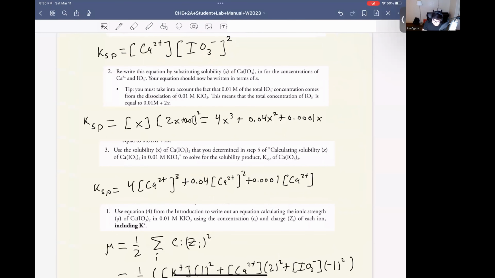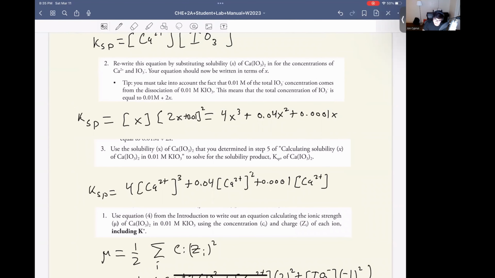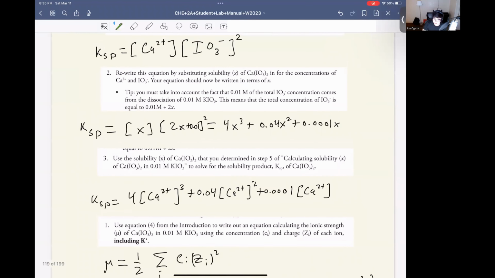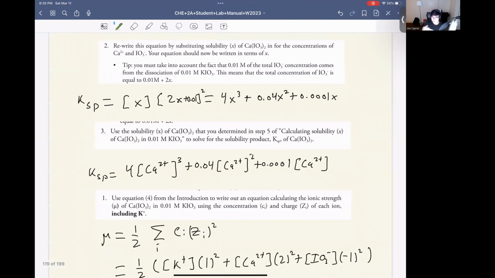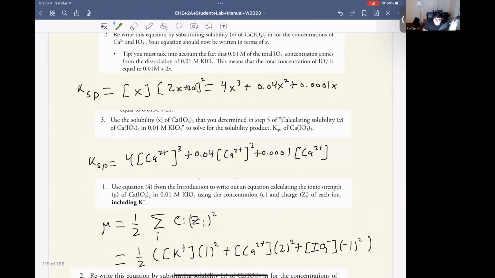So this here, this X, right? These are all just your calcium values. And so just to note, this is 2X plus 0.01. The 0.01 comes from the potassium iodate solution, right? That's already dissolved in before you saturate it with the calcium iodate. So that's that.